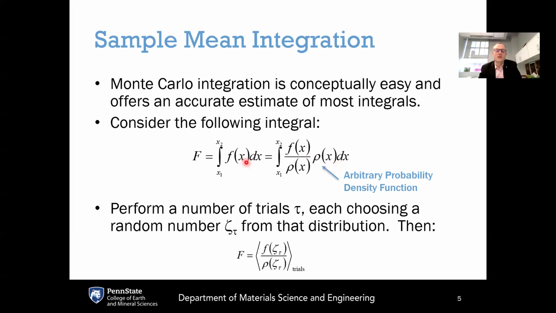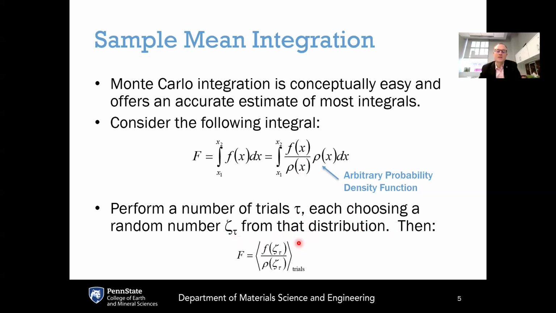So we take the function that we want to integrate, multiply and divide by the same probability density function that we're going to use for sampling. Then with the Monte Carlo technique, we perform a number of trials tau, each choosing a random number here, zeta sub tau, from that distribution.